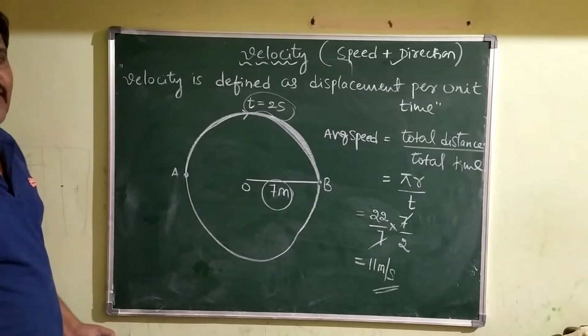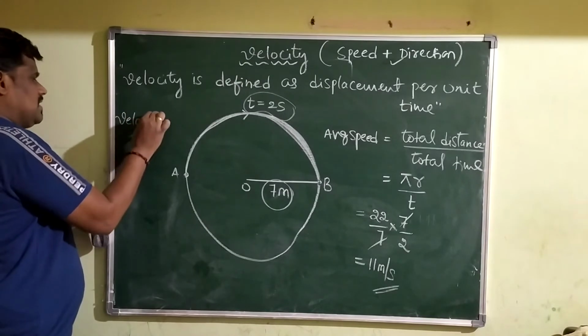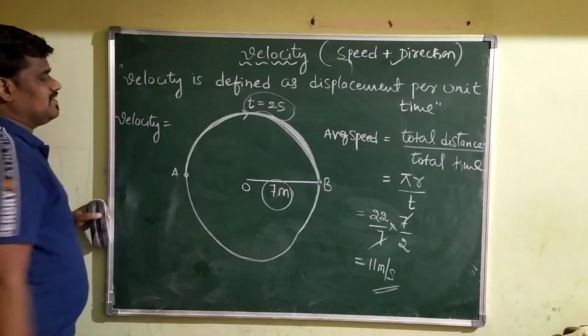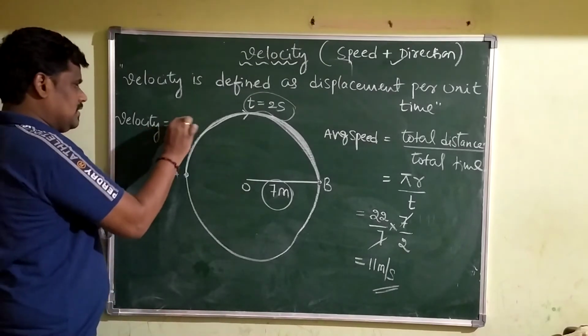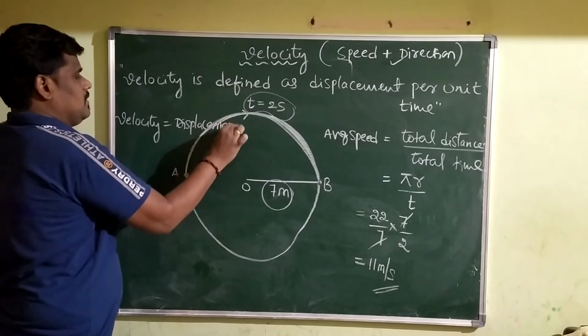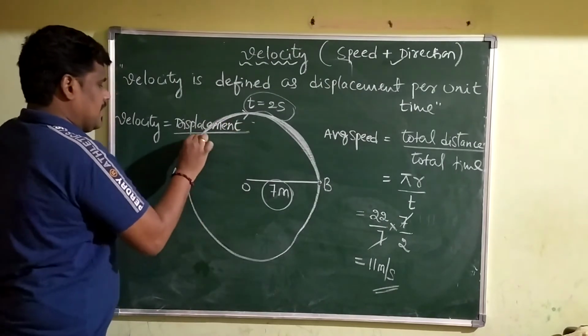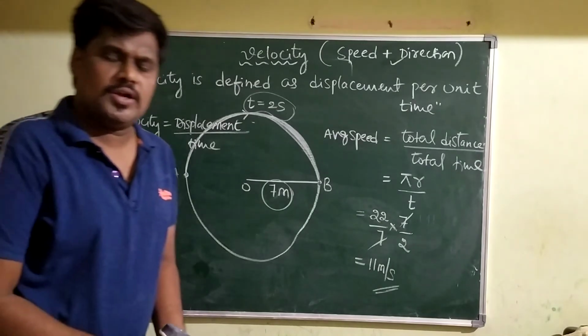Suppose I ask you to calculate velocity in the same example, what is the formula to calculate velocity? You tell me. Velocity is given by displacement by time taken. What is displacement?